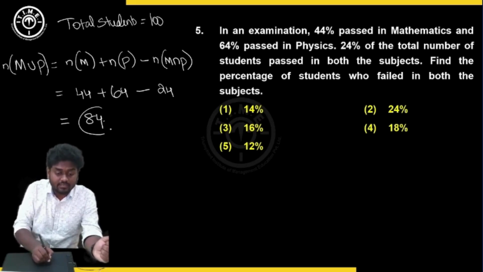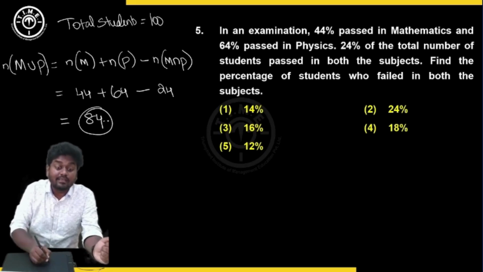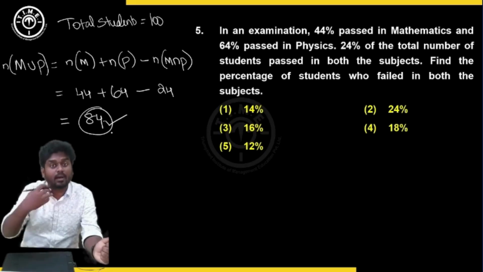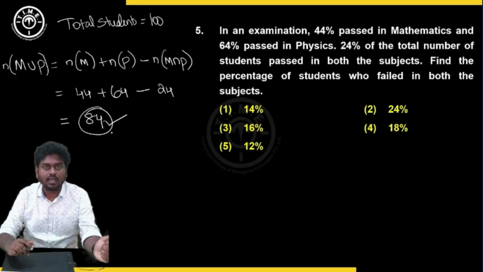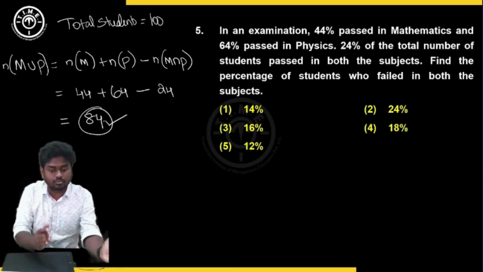Guys, this 84 head count is the number of students who passed in at least one subject. So out of 100 students, 84 students have passed.